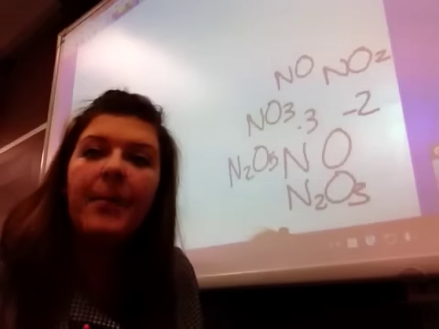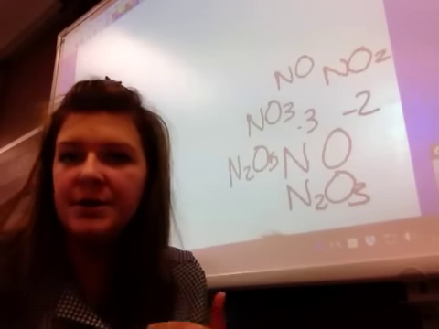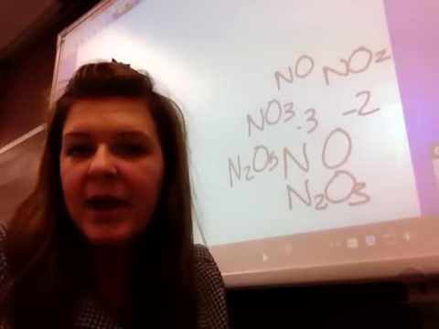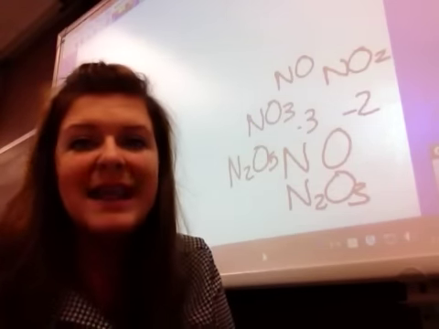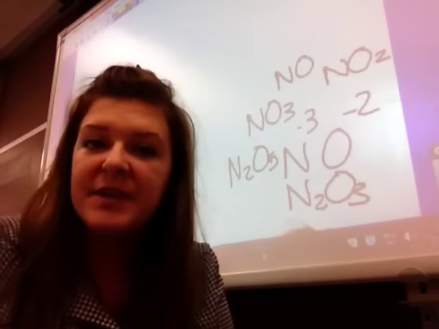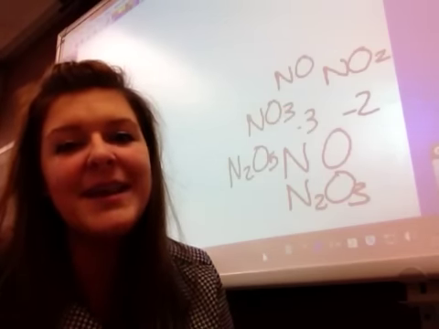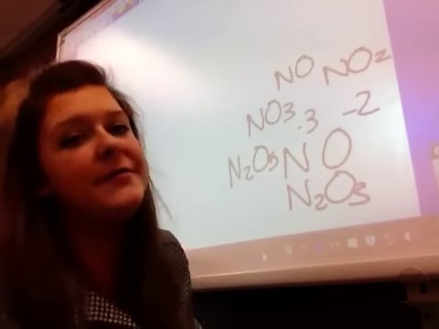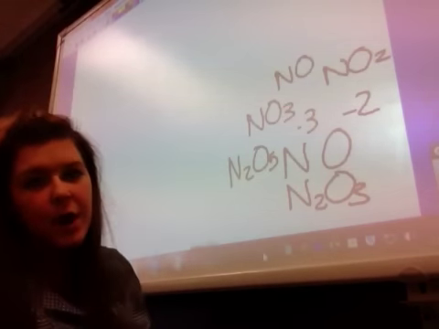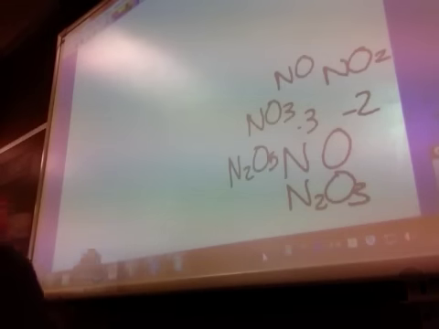So we can have a bunch of random nitrogen and oxygen combinations of molecular compounds. So how I name them is based on prefixes because it tells me how many of each atom are present in that compound. So that's why we have to use prefixes for molecular compounds, or for covalent bonds.